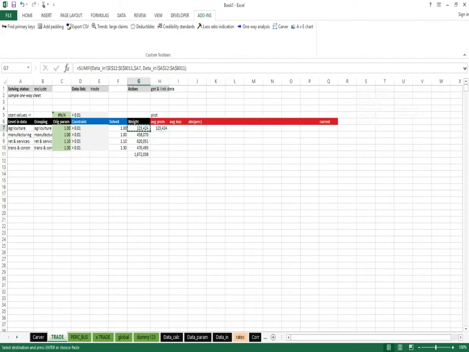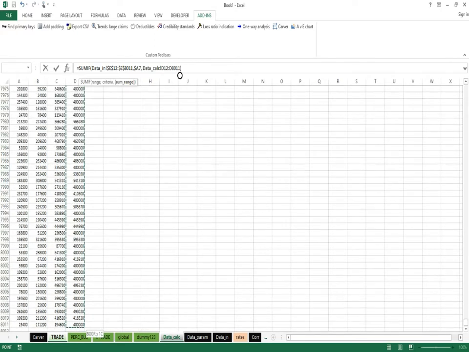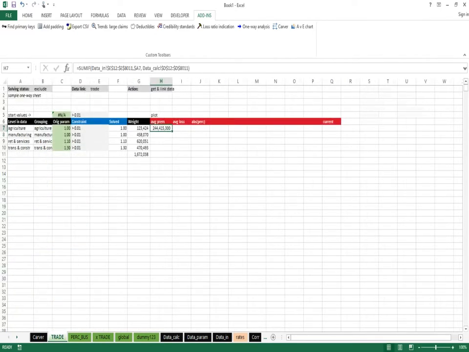I'll start by copying the weight formula into the average premium formula. If you look into the formula window, you can see that it's basically a sum if across the data under the condition that trade equals agriculture. So I still want something similar, but rather than summarizing data weights, I'll be summarizing and calculating premium, which is this. Okay, and also I will divide that by weight to get average.